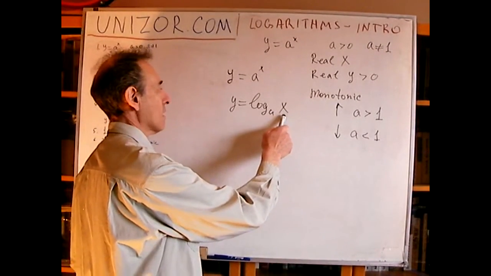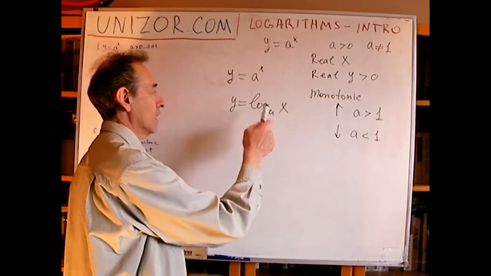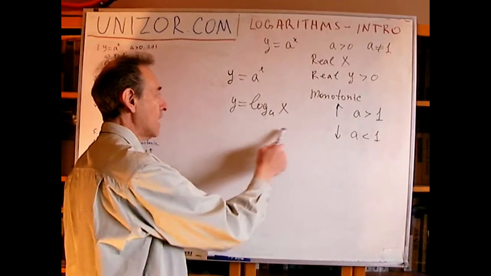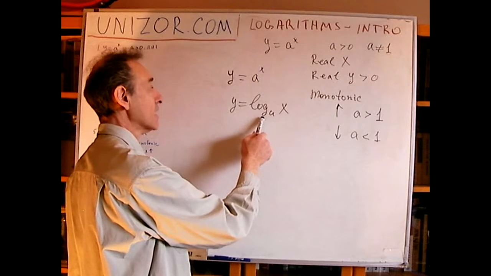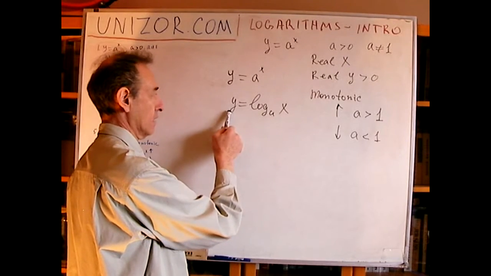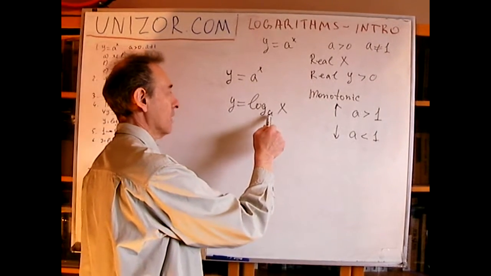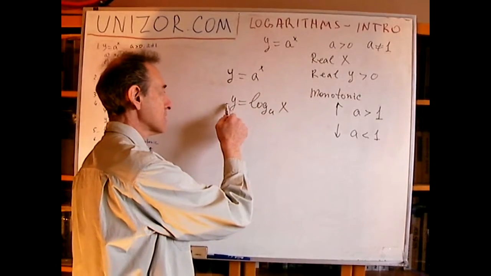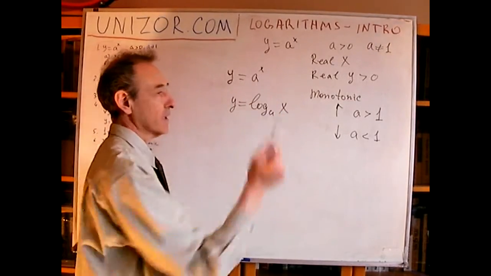It means that you have to find such a value of the exponent, which is y, that if a is raised to this power, you will get x.